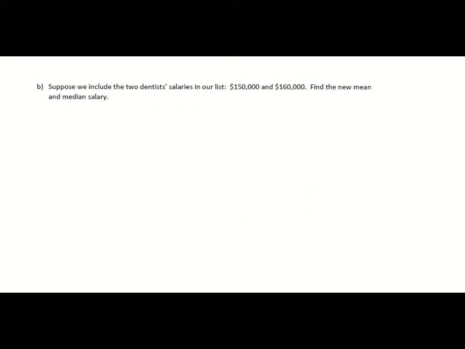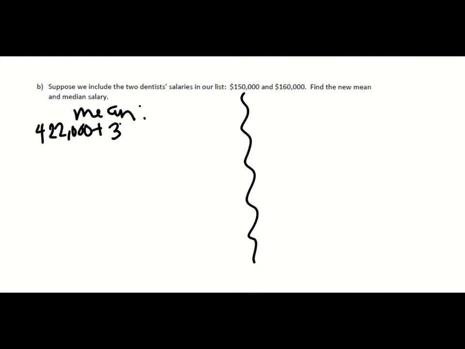Now they want you to include 2 dentist salaries. We're going to do these separately. They want you to find the new mean. So basically you need to take your old total, which was the 422,000, and add your 2 new dentist salaries, the $310,000 salary, another 0.